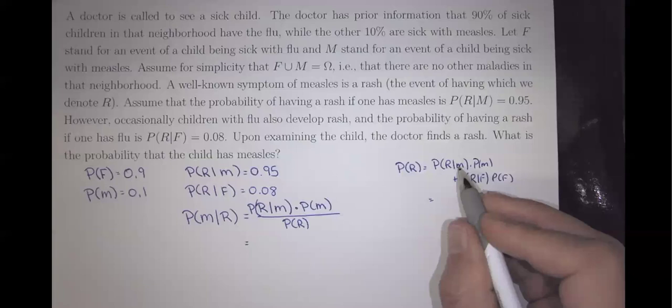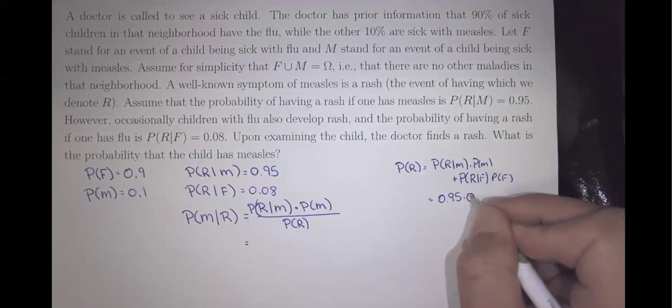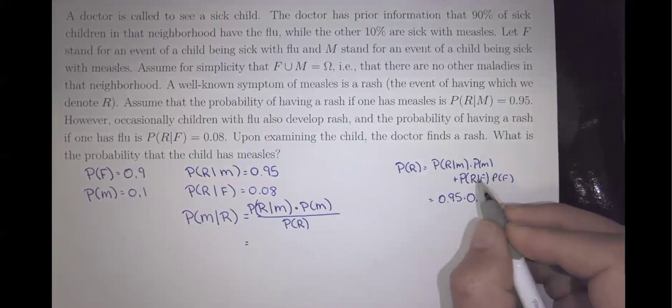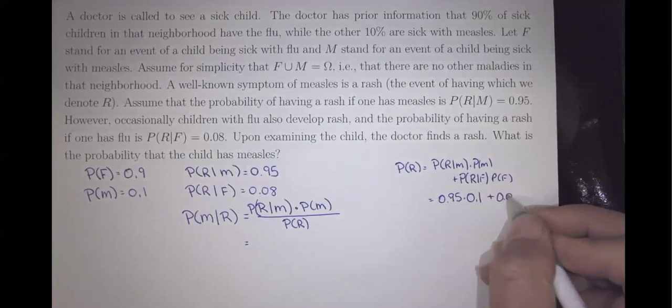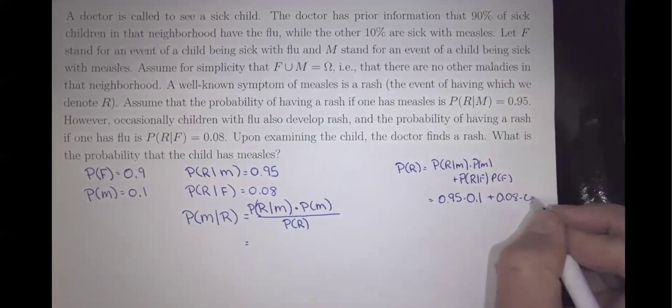Probability of rash given measles is 95%. Probability of measles is 0.1. Probability of rash given flu is 0.08. Probability of flu is 90%.